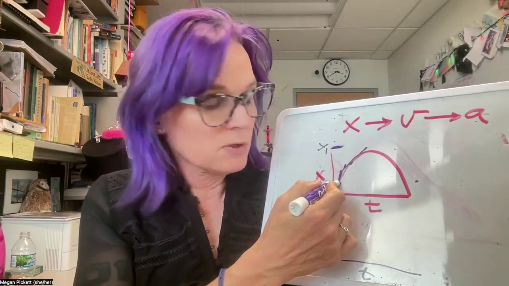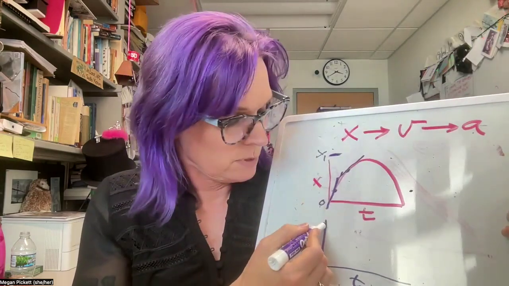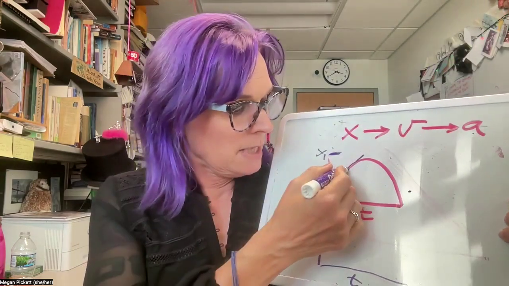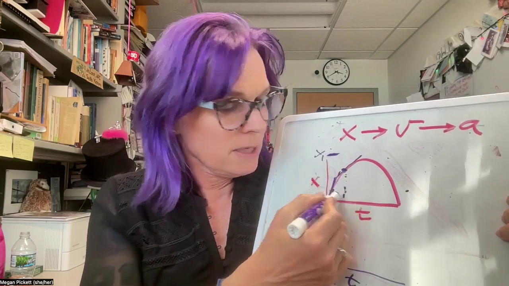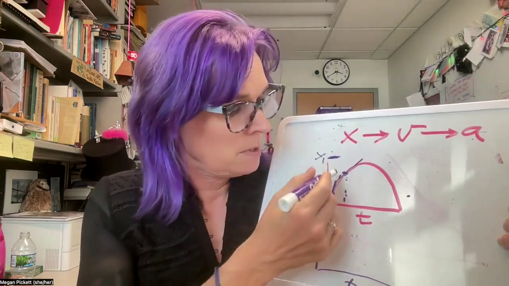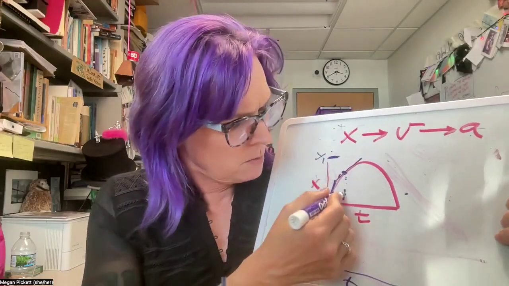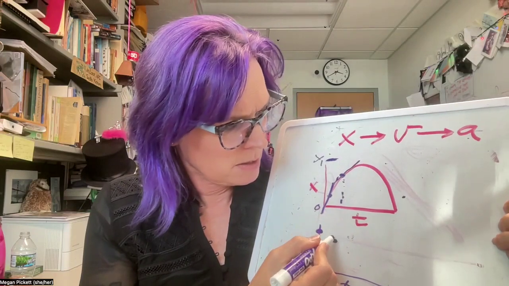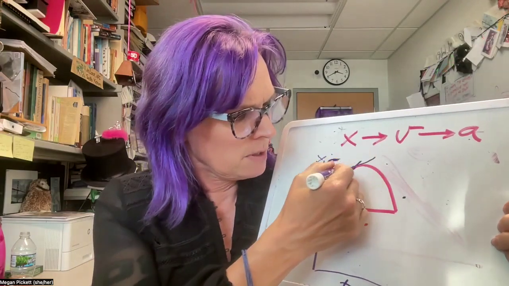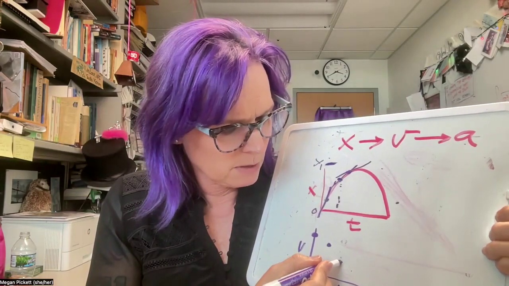And here, this would be a very large positive value, so we could put a point right there. At this point over here, it's still positive, but it's a little bit lower. It's not as steep, so its slope is a little bit lower. So we might put a point here. And if we go over here, the slope is even flatter. That means it's even smaller. That means right over here.